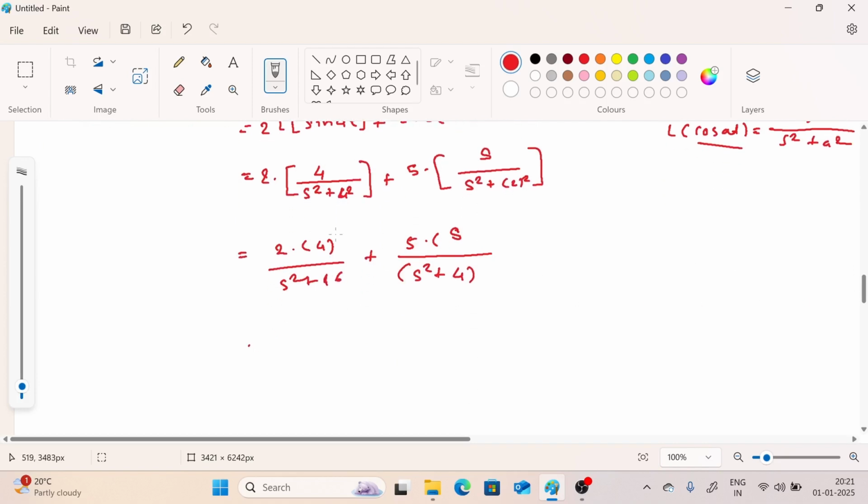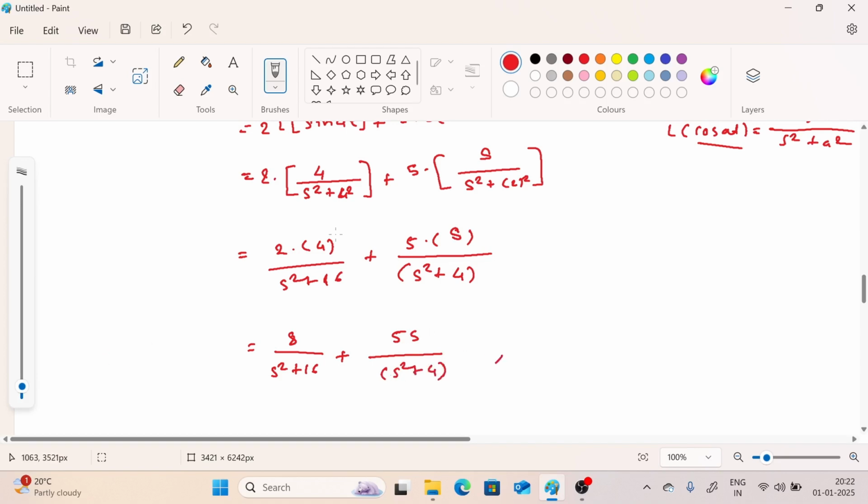That's it. 4 into 2 into 4, that is 8 upon s square plus 16, plus 5 into s, 5s upon s square plus 4.